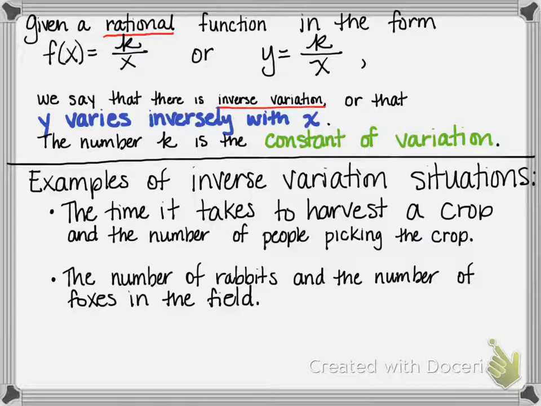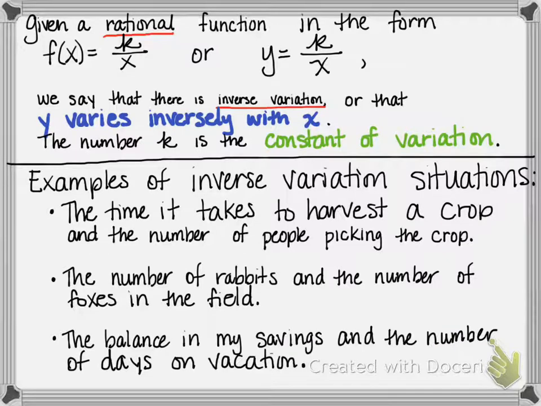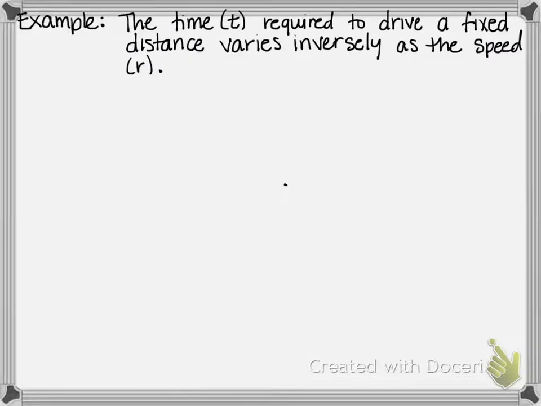The more foxes in the field, the fewer rabbits, because of course the foxes are eating the rabbits. And the fewer foxes, the more rabbits, because they don't have as many predators. The balance in my savings account and the number of days of vacation, typically for me. The longer I'm on vacation, the less I have in savings. And if I don't go on vacation, I get to keep my savings.